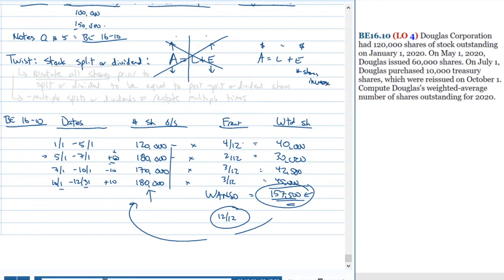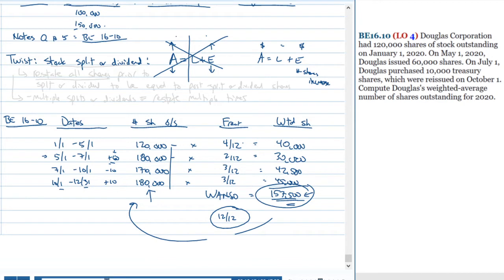So what that means is that the share that you held in January is not the same thing as a share that you held in December if there's been a split or a dividend, because the total size of the pizza, as it were, has not changed, but the number of shares into which the pizza has been cut has increased. So your share is actually worth a smaller portion.